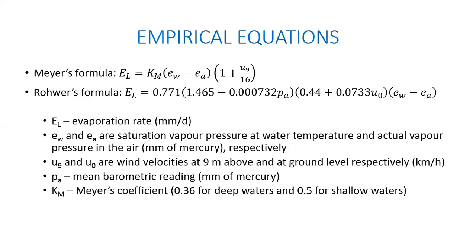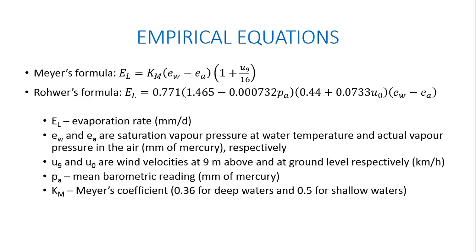It does have some analytical basis, because it is looking at the saturation vapor pressure and the actual vapor pressure and so on. So it is able to estimate what the evaporation rate is, using a combination of some theoretical basis plus some empirical, observed fit. You might have fit some line through this and come up with this equation.